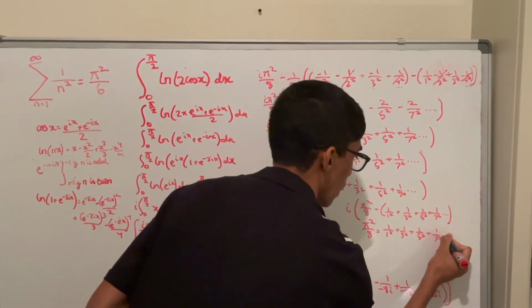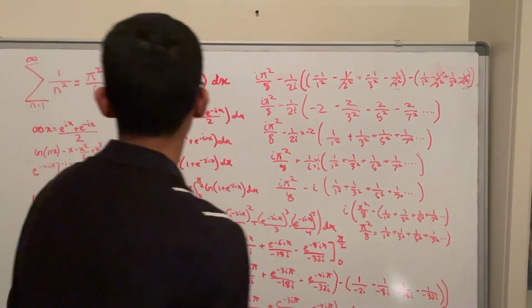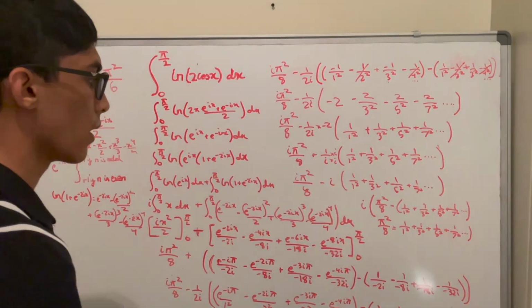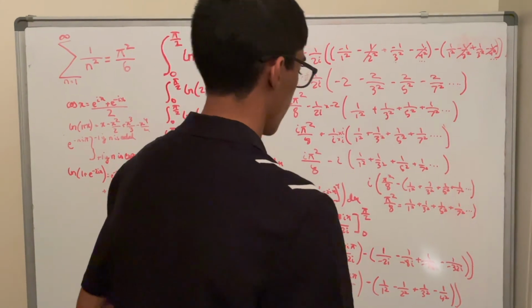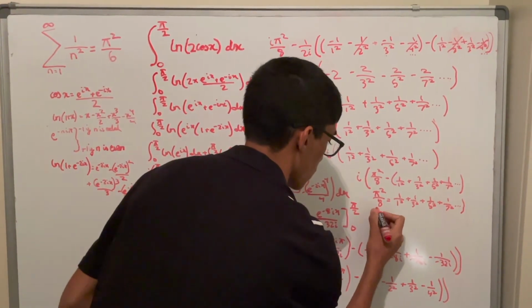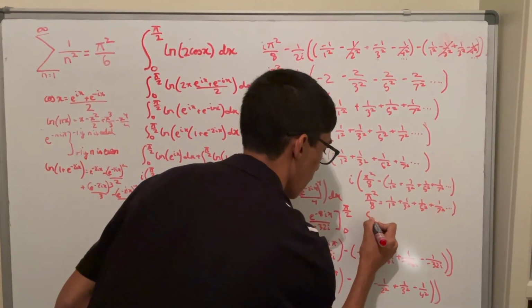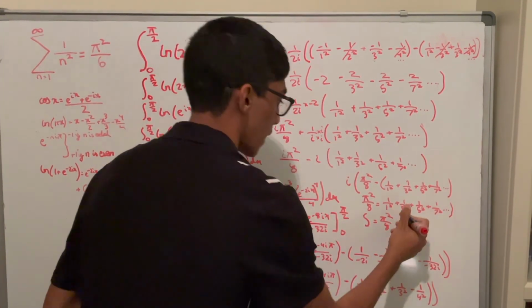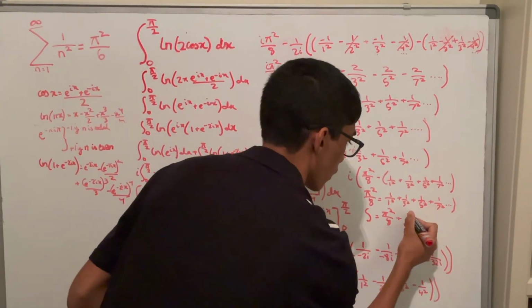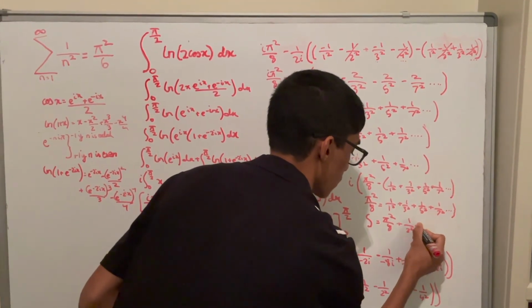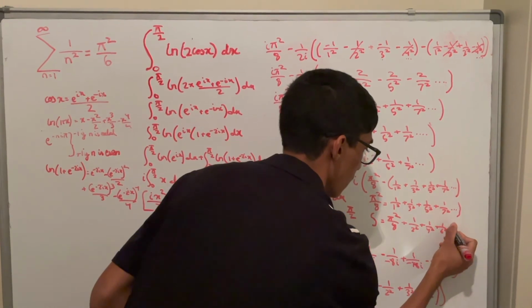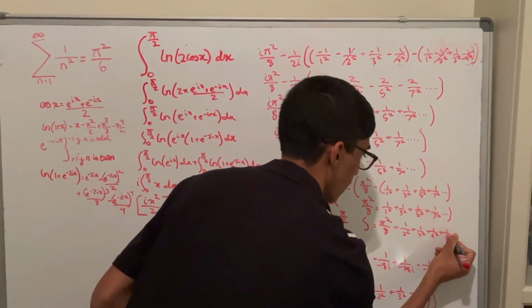And since we are looking for the summation of n equal to 1 to infinity of 1 over n squared, we can represent that as s. So s is equal to pi squared over 8 plus 1 over 2 squared plus 1 over 4 squared plus 1 over 6 squared plus 1 over 8 squared, again extending to infinity.